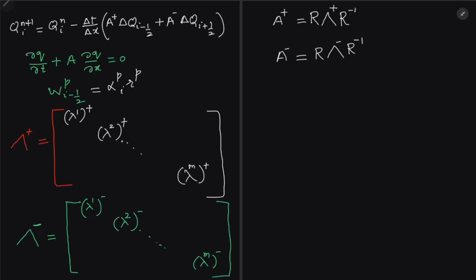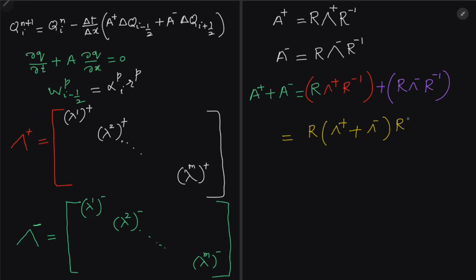You can see that by adding A plus and A minus, we just add these two terms: R omega plus R inverse plus R omega minus R inverse. From here, it can be written as R, omega plus plus omega minus, R inverse.